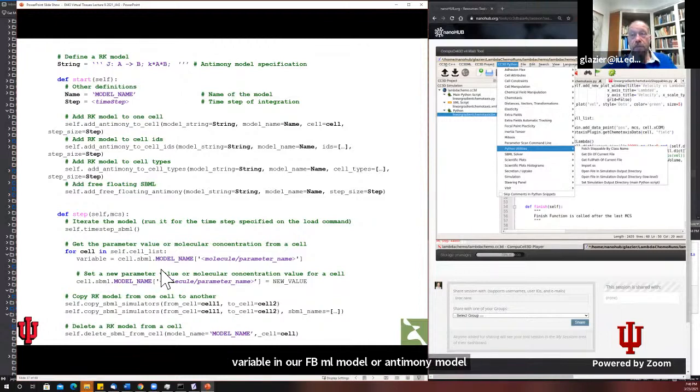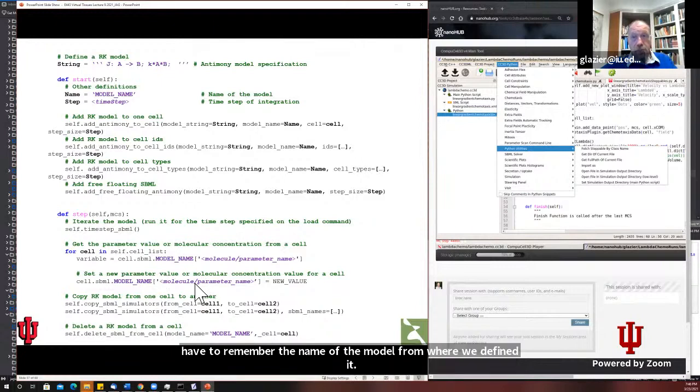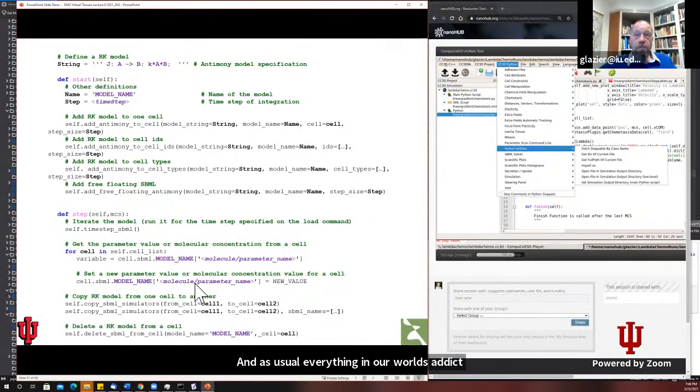If we want to know the value of a particular variable in our SBML model or Antimony model, we have to remember the name of the model from where we defined it. And as usual, everything in our world is dictionaries. So cell.sbml[model_name]['A'], with the name of the variable or parameter in the Antimony model.